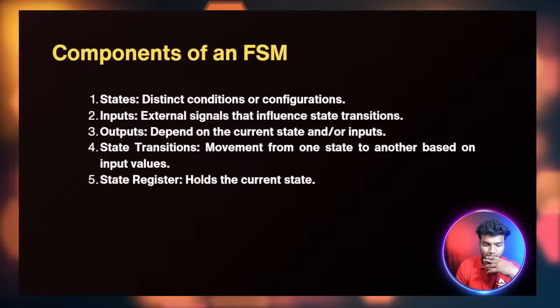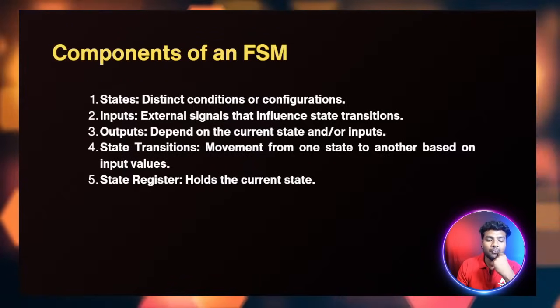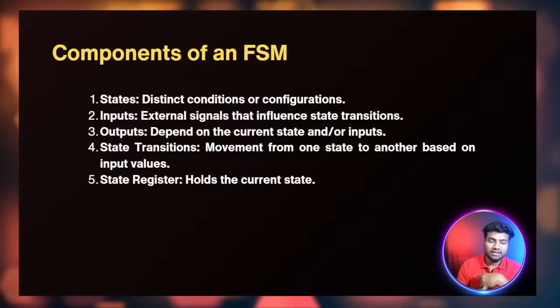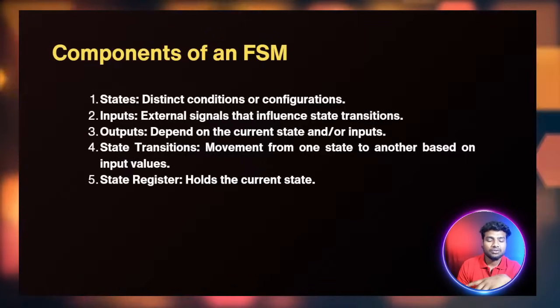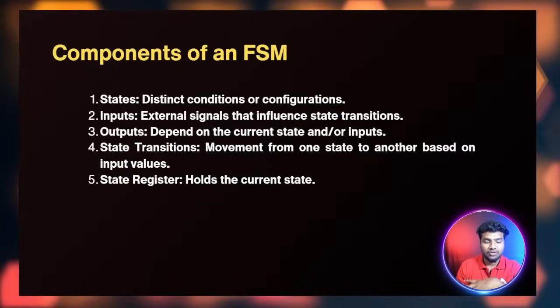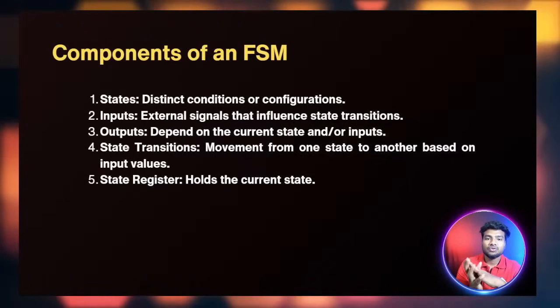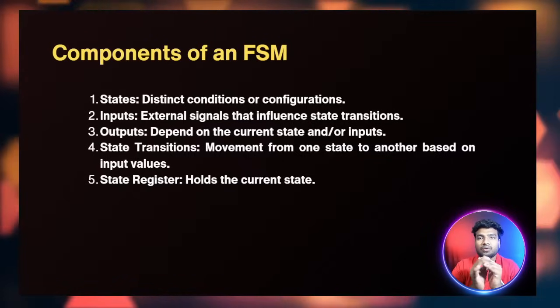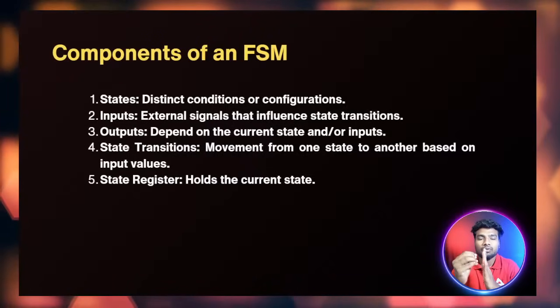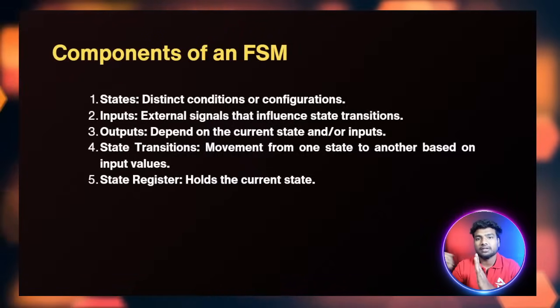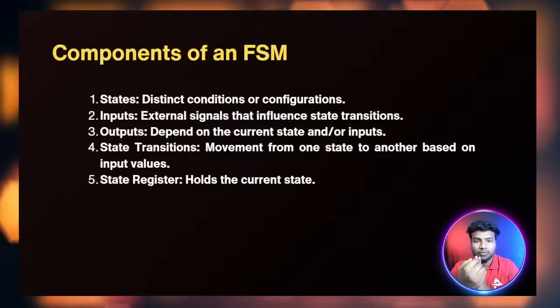The components of FSM are states, to designate the configuration, and then inputs. Inputs are external signals that influence the state transition. For example, you have one state and you want to move from one state to another: based on the input only you can move.